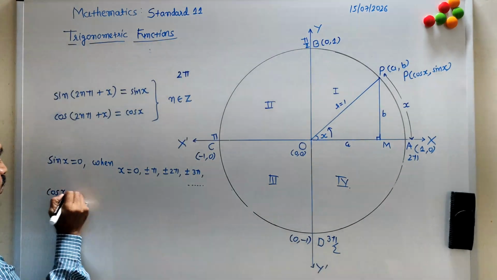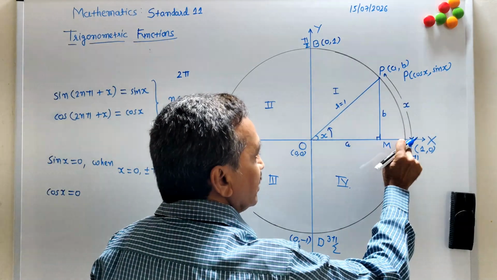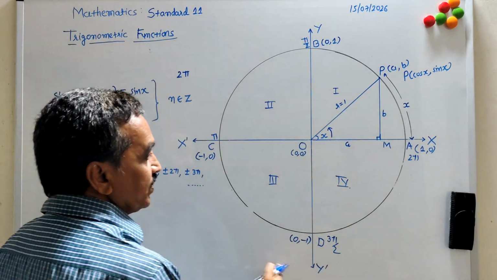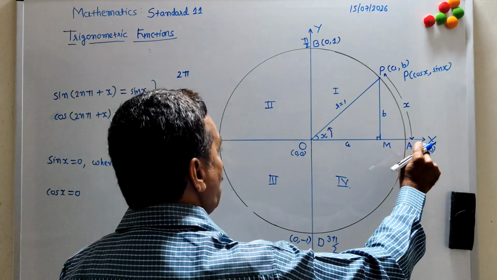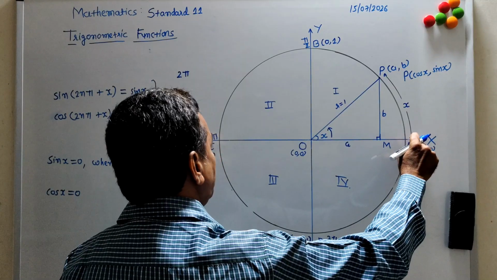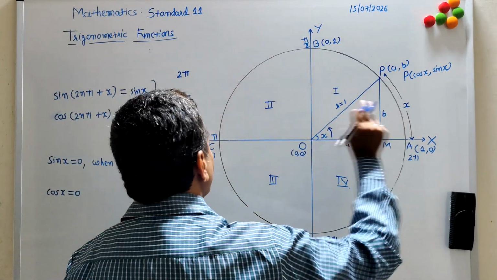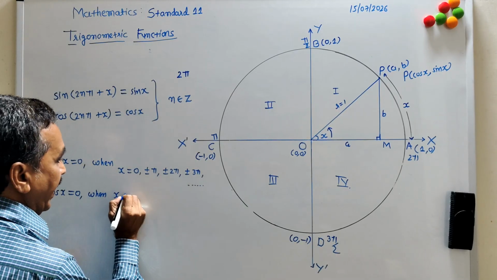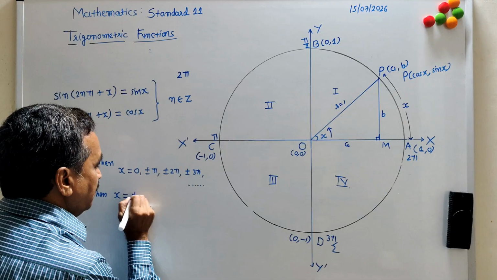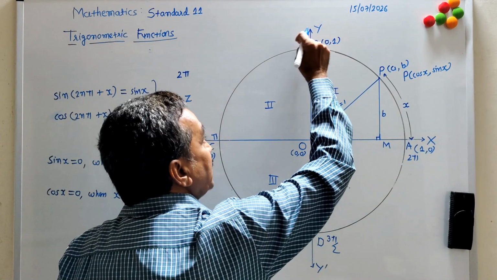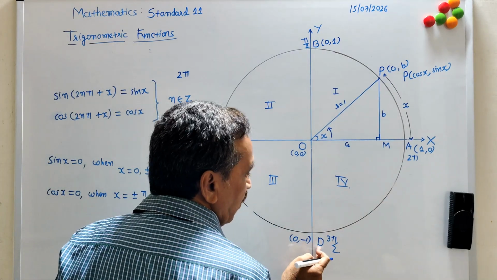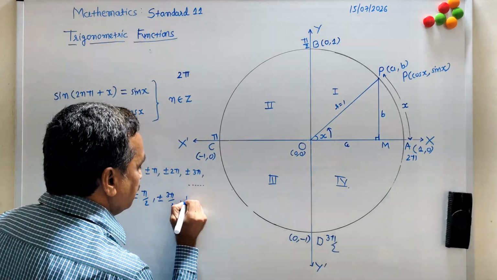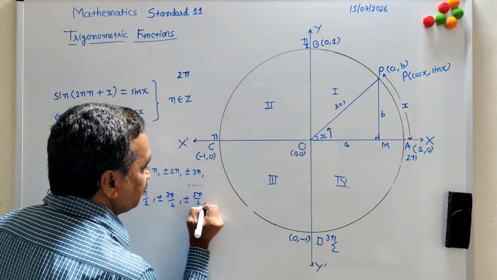And cos x is equal to 0 when x is equal to plus or minus pi by 2, that means plus pi by 2 is point B, minus pi by 2 is point D, plus or minus 3 pi by 2, plus or minus 5 pi by 2, and so on.